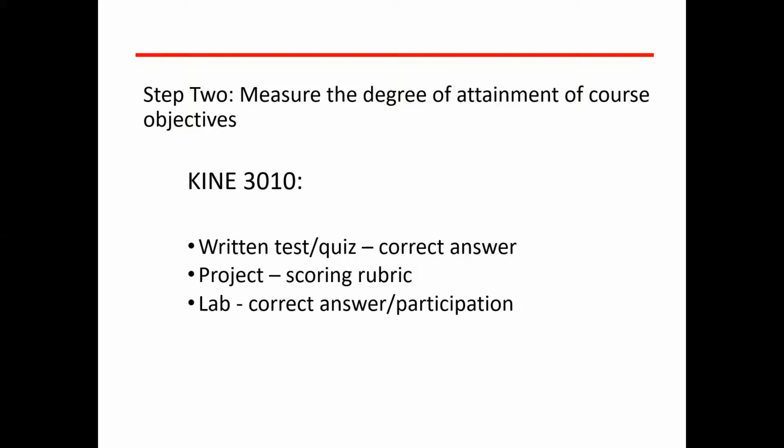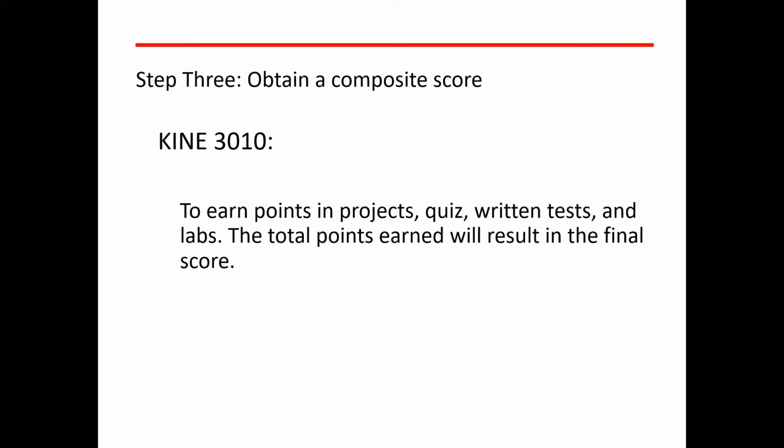Your projects have pieces that link back to course objectives. Same with your labs. And your ability to correctly answer and to correctly achieve that knowledge shows that you've obtained those course objectives. And if you attain all the course objectives, you have likely scored enough in total academic achievement points to pass the course.